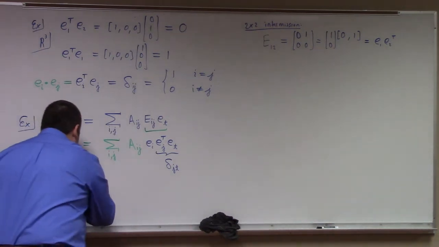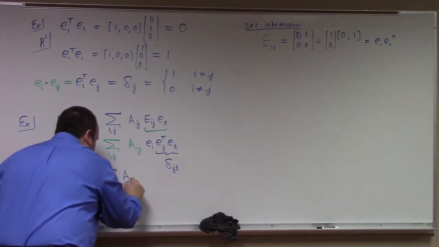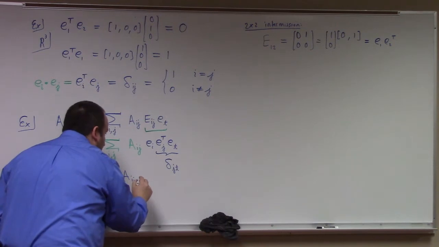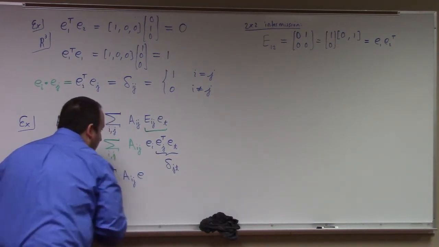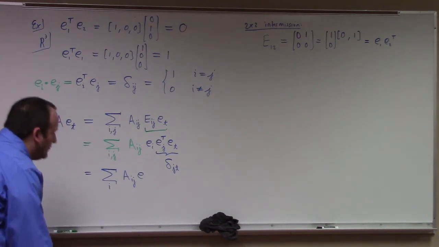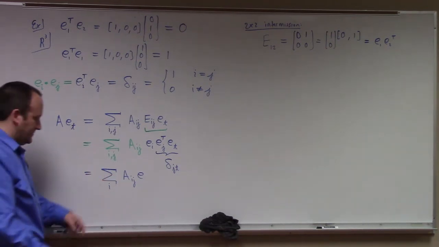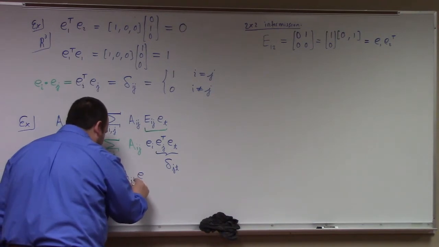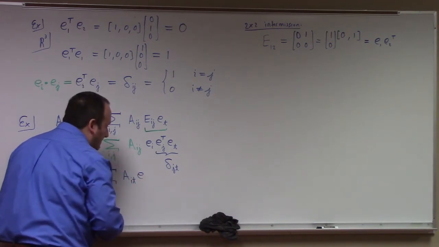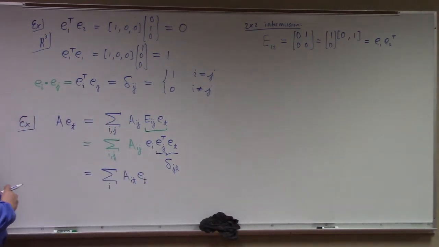It just leaves us the sum over I of A, I, j, E, which remains, the I or the T? The j or the T? Which one am I keeping? So I already wrote. This is not right. I should say A, I, T, and E-T, I think.